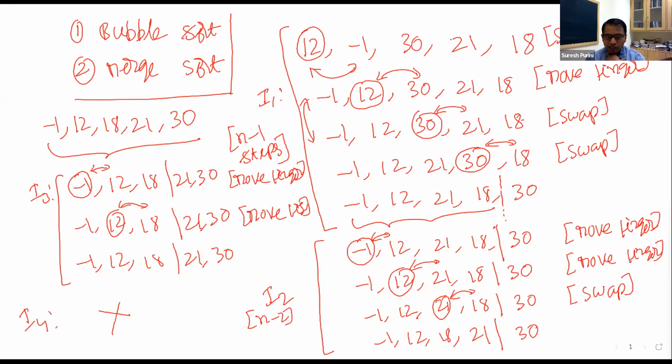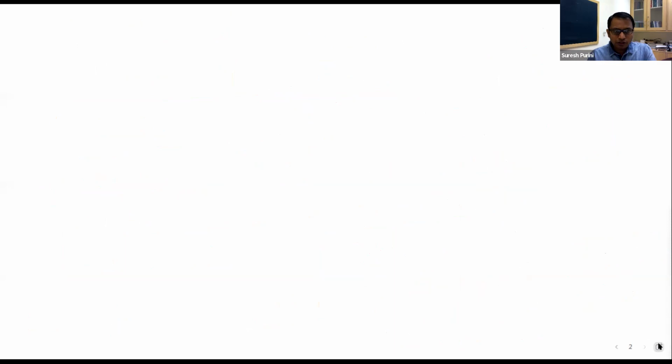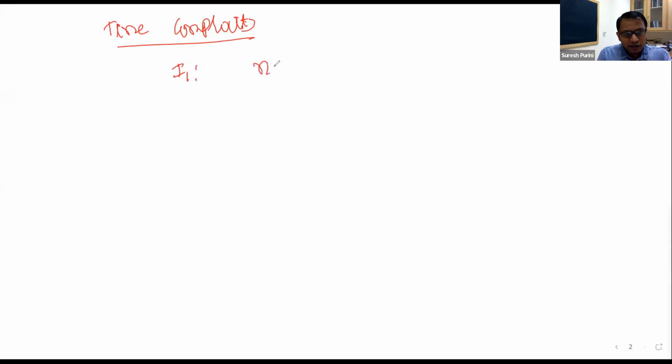So if you think about the worst case, in iteration 1, if there are n elements, time complexity analysis: n-1 comparison operations, let's say compare and move finger or compare and swap. We just think of it as one operation.